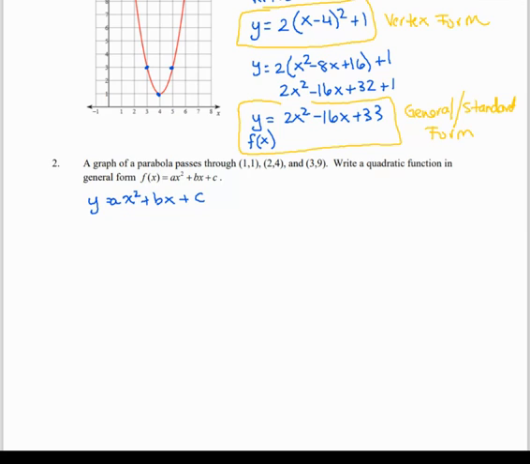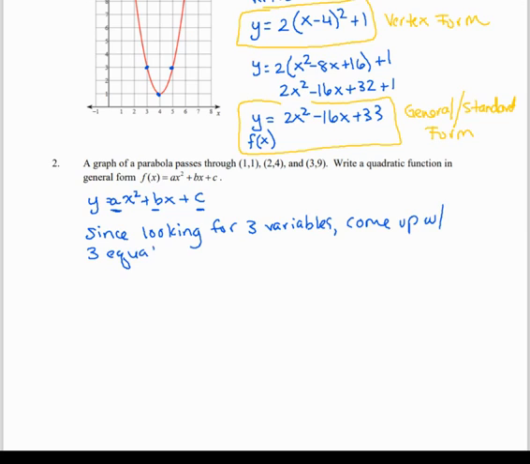So what we need to find is a, b, and c. So if I'm looking for 3 variables, we need to come up with 3 equations. So we're going to start this together, and then I'm going to let you solve this system on your own.